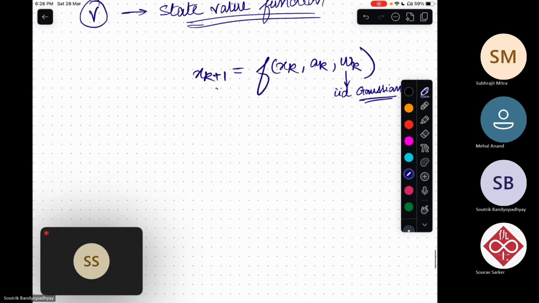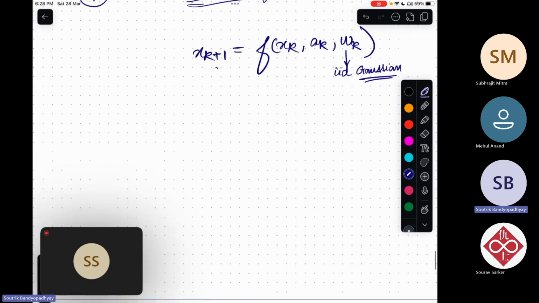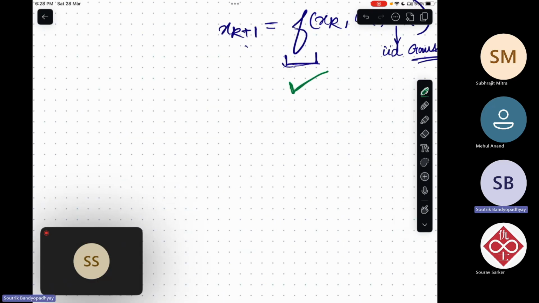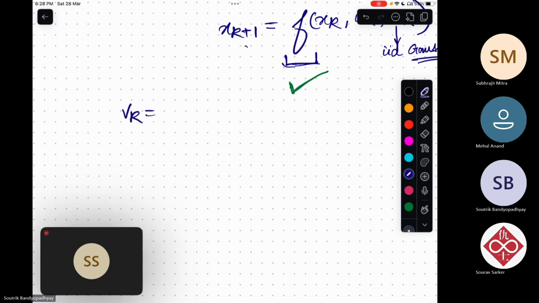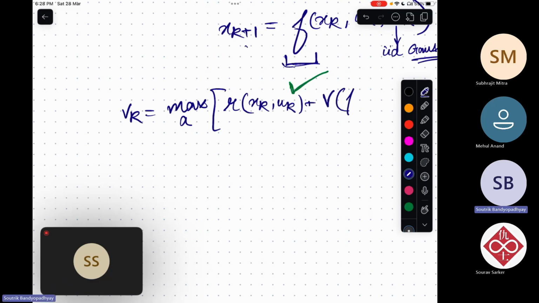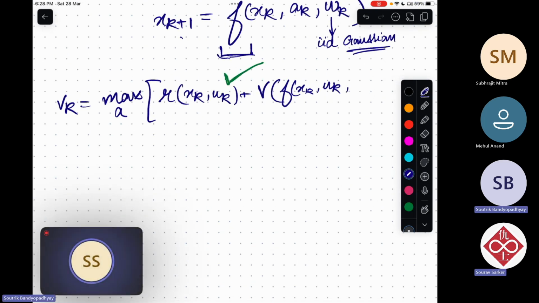Now, if you knew this function, you could easily look at this formulation: Vk is equal to the maximum over all actions of r of xk, uk plus the value of this function of xk, uk and wk.